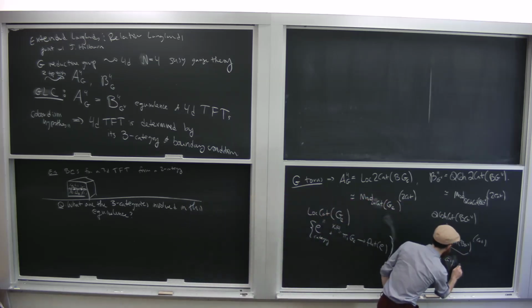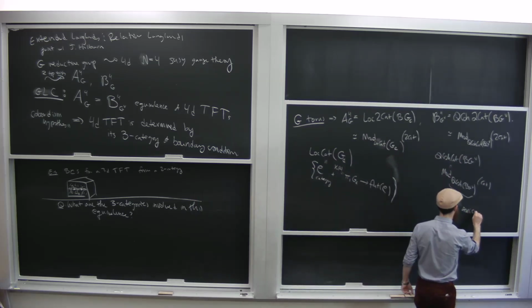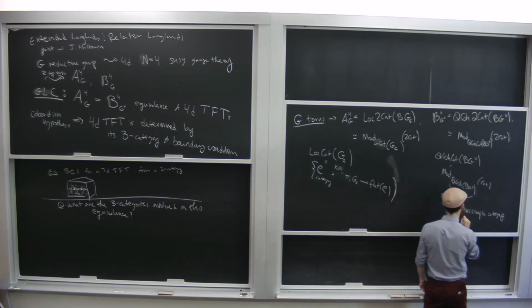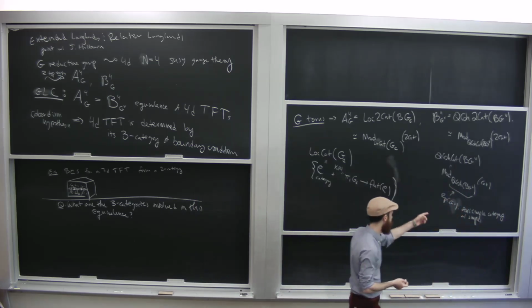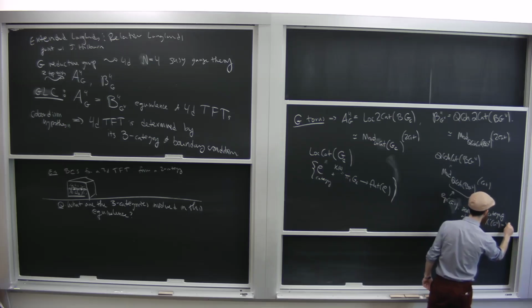This thing is a semi-simple category, with simple objects labeled by the character lattice of G check, which is of course equal to the co-character lattice of G.